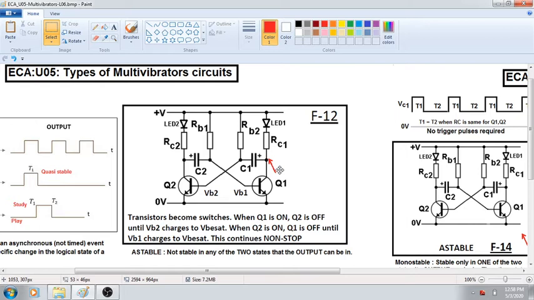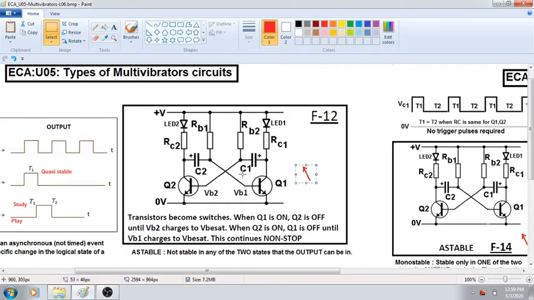And we can take the output at Q1, we can also take the output at Q2. But remember, the output at Q1 is the complement of the output of Q2. That means when the Q1 output is high, the Q2 output will be low, and when the Q1 output is low, the Q2 output will be high. We will see all those things shortly.